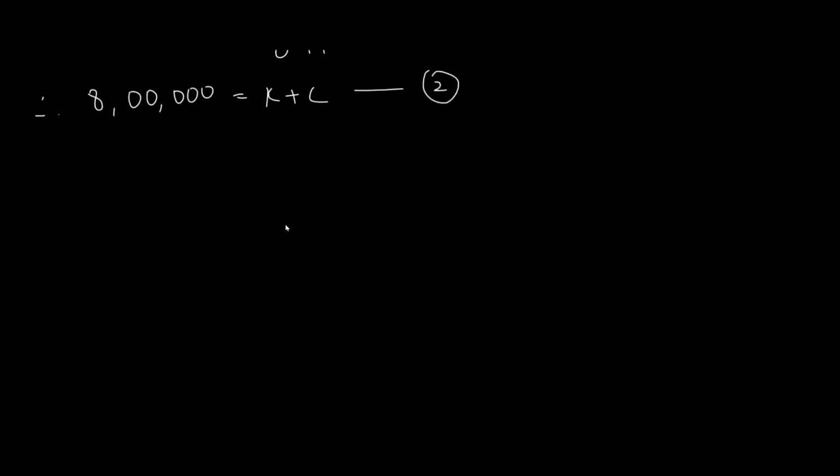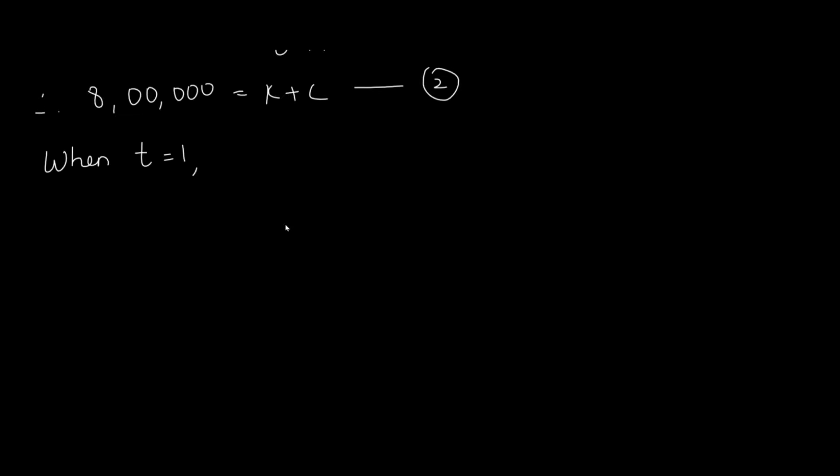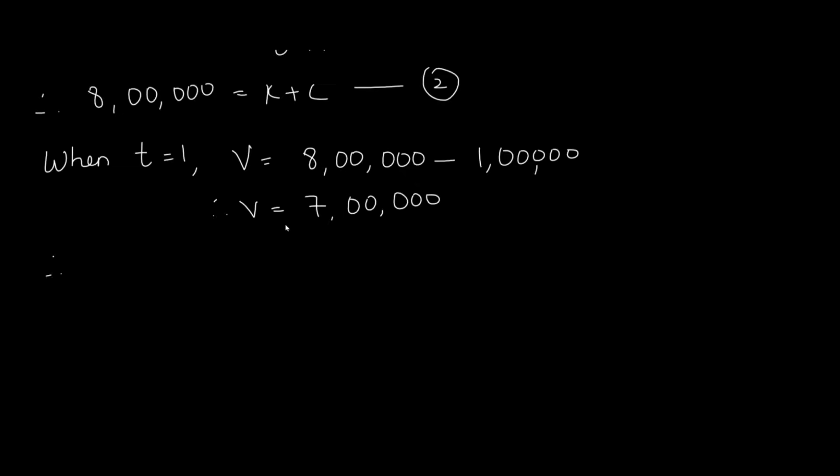After 1 year, they have given the condition that the value of the machine decreases by 1 lakh. That means when t is equal to 1, V is actually 8 lakhs minus 1 lakh. Therefore, we have V is equal to 7 lakhs. Let us put this in equation 1. Therefore, we have 7 lakhs is equal to k upon 1 plus 1 plus c.